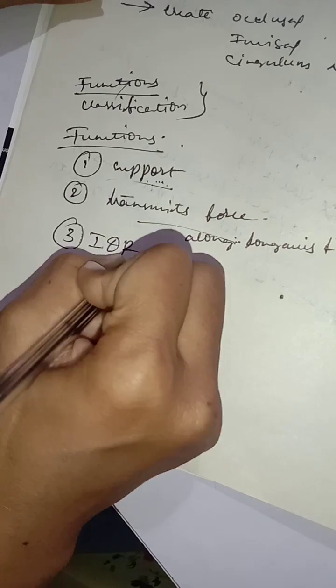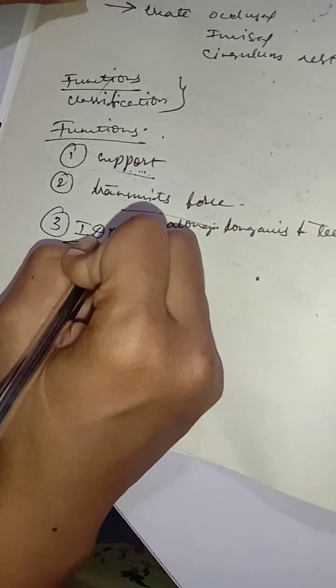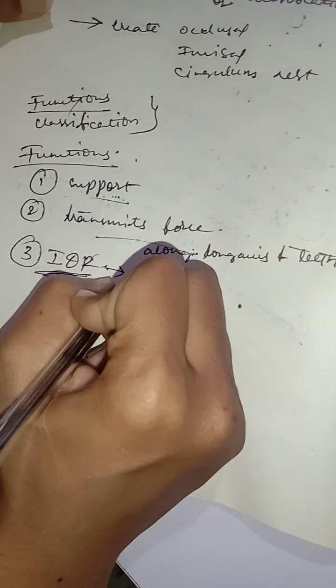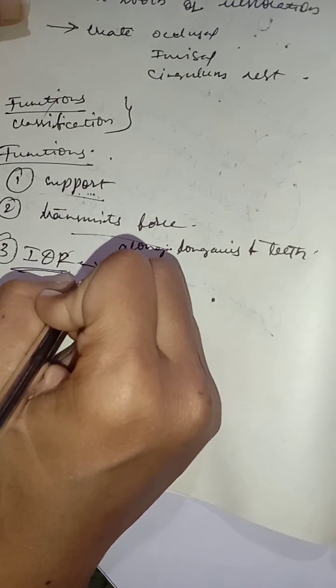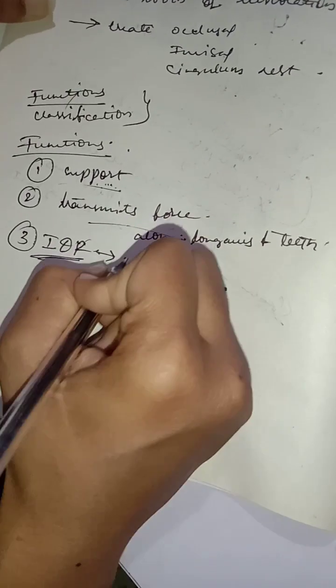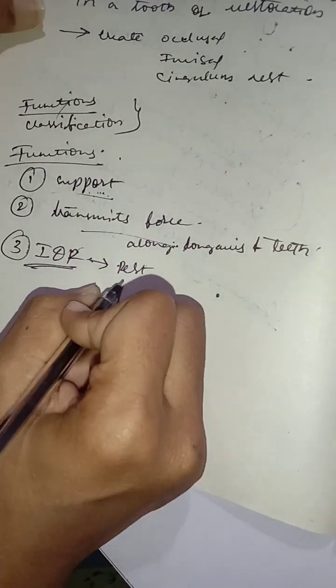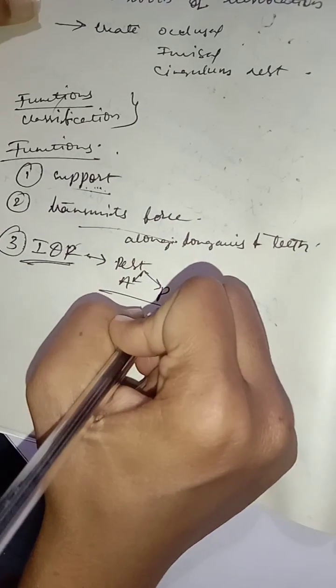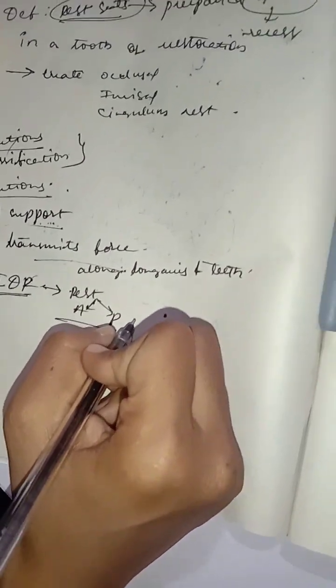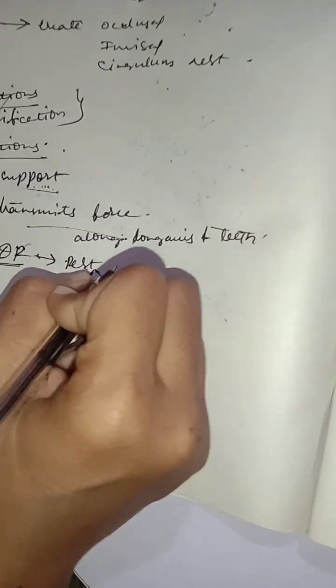Another function is indirect retention, for the retention purpose. The rest is positioned anterior, if not posterior, to the axis of rotation. For what purpose?